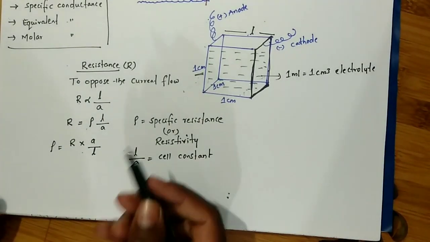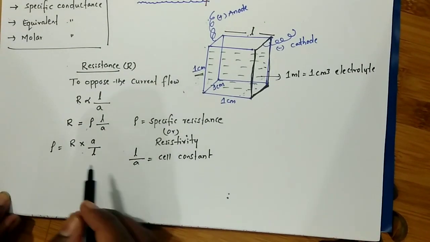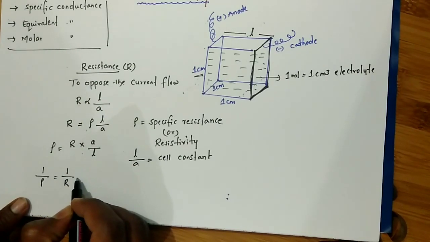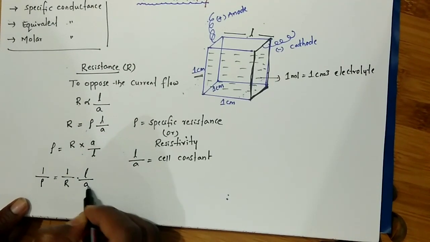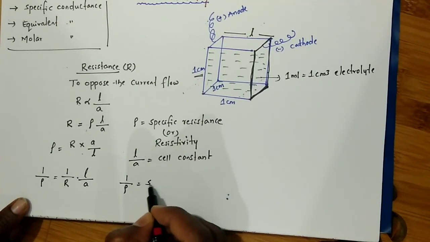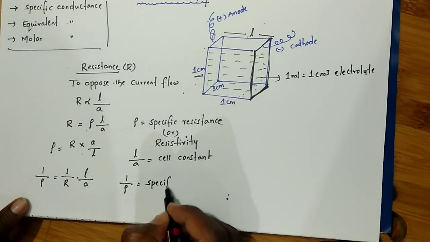We know that the reciprocal of resistance is always conductance. So 1 by rho equals 1 by R into L by A. This is known as specific conductance.